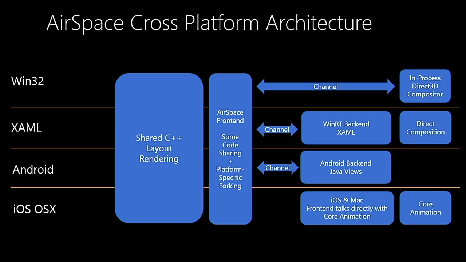On the right is our API that is completely shared. We use the same API on all of the platforms to construct all of the layers and set up animations. And then there is a set of channels that go to different backends, and the backends are different on different APIs. So a custom backend on Win32, we use XAML on WinRT, we use Core Animation on iOS and OS X, and we use Android views on Android.